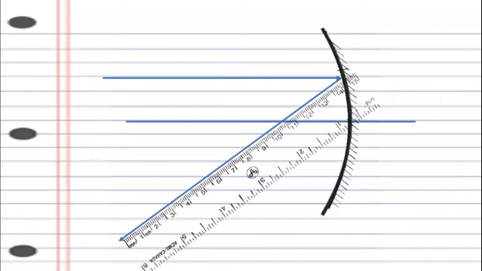So if you consider this as a plane mirror, and if you keep a protractor here, its perpendicular will come somewhere like this. So angle of incidence should be equal to angle of reflection, and therefore it bends on the other side, right?